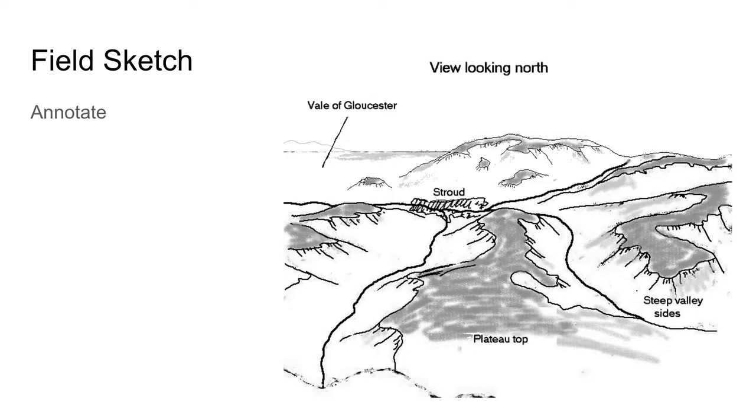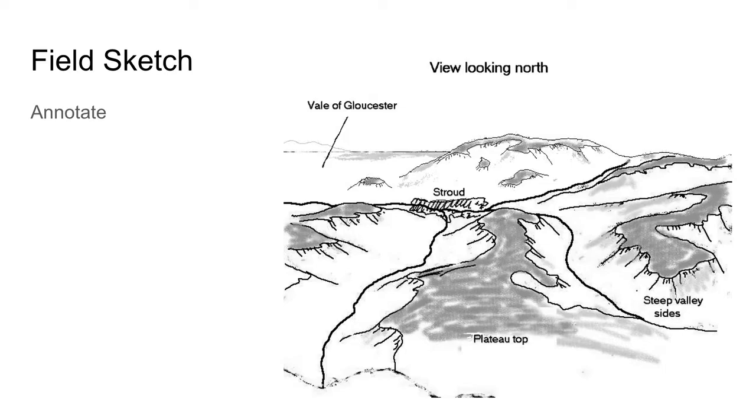Field sketch. So again, you might be able to take a photograph, you might be able to take a range of photographs, but having an annotated field sketch is a really good way of collecting information. You're out in the field, you're observing data, you're observing cycling trends, you're noting that people tend not to cycle in a particular area.